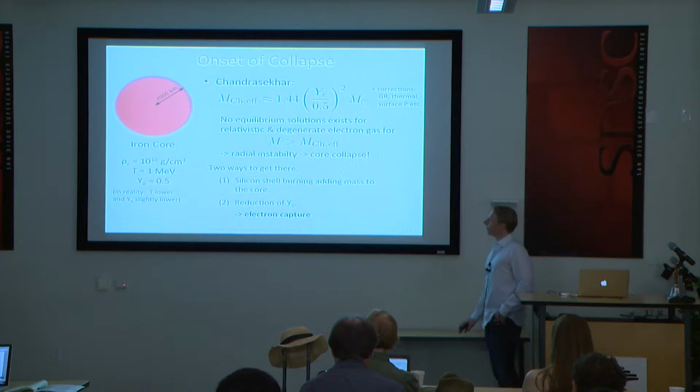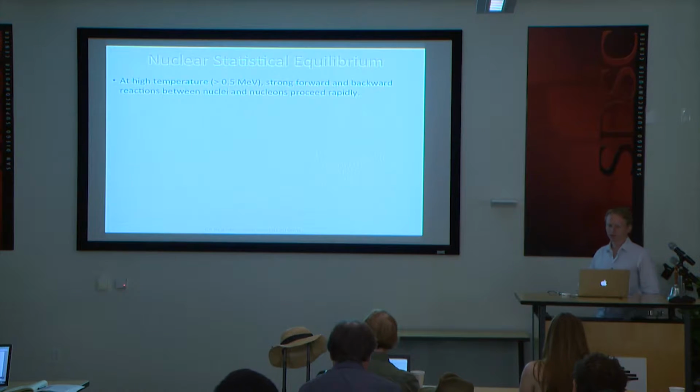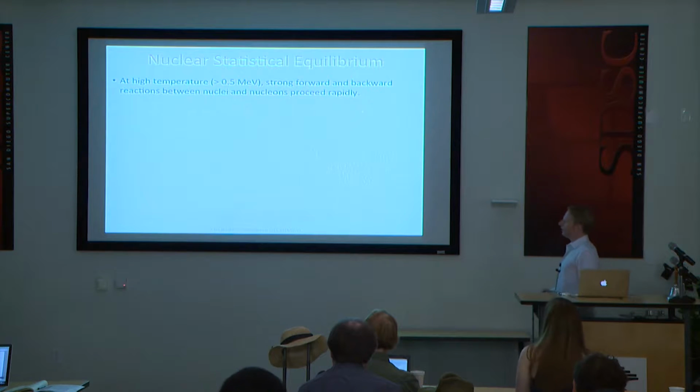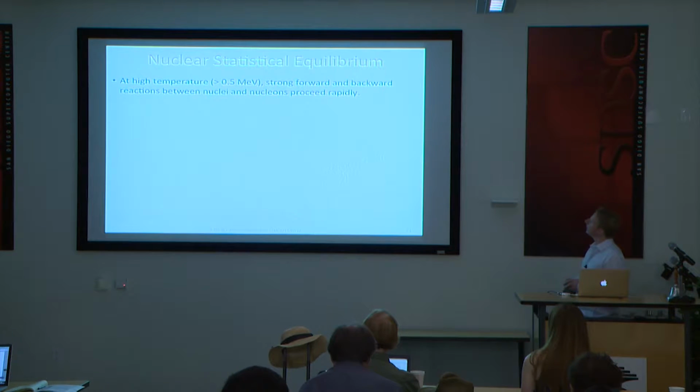There's one other important aspect that we need to know when we think about the equation of state during core collapse, and that's nuclear statistical equilibrium. And that's something that's very convenient. When we have high temperatures, by high temperatures I mean about above 0.5 MeV, so about 5 times 10^9 Kelvin, the forward and backward reactions between nuclear transmutations go into equilibrium.